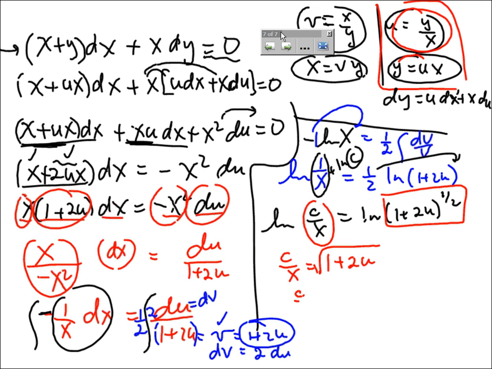So you have c over x is equal to the square root of 1 plus 2 times y over x. Now I'm going to think of the 1 as x over x. So I have c over x is equal to the square root of (x plus 2y) over x.